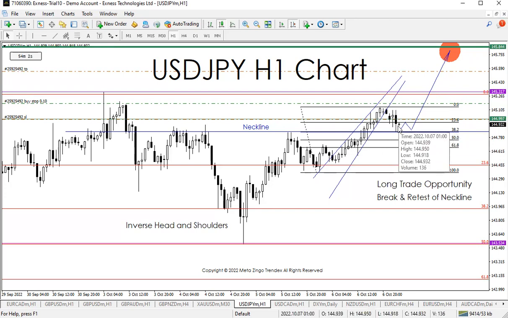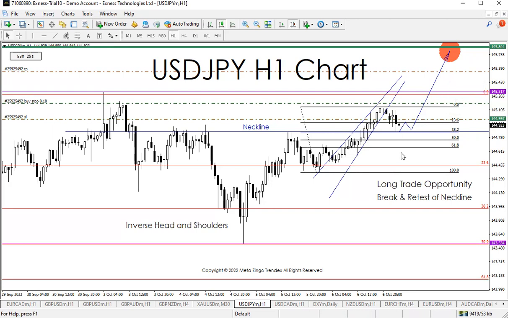So another test by the bears is still showing up here. So I'll just wait and see what will happen. I expect price to push up from here because the neckline has been broken and retested. So when that happens, I expect price to push up to hit the entry price, and then go up to the take profit price.